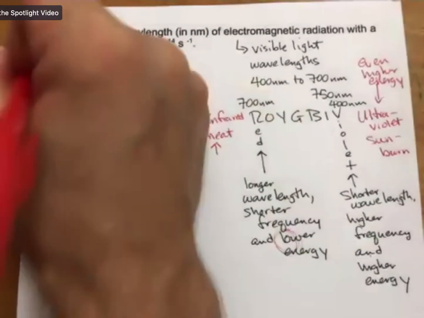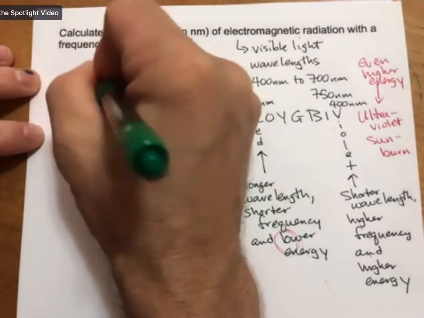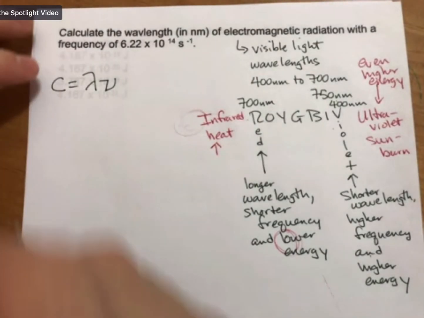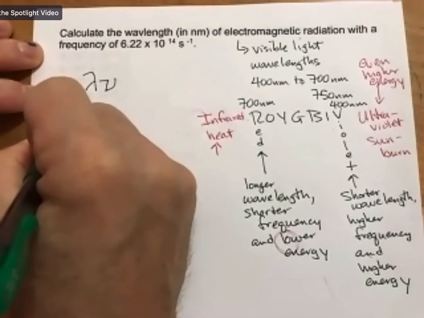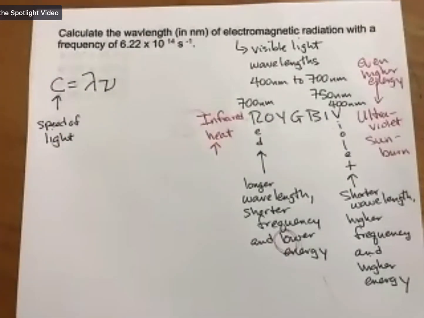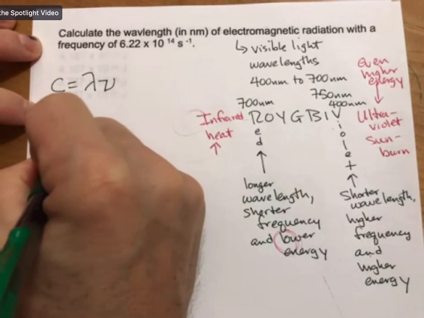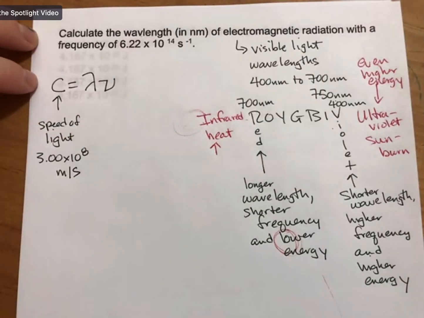The equation for this looks like this. c, which is the speed of light, which is 3.00 times 10 to the 8th meters per second, is equal to wavelength times frequency.